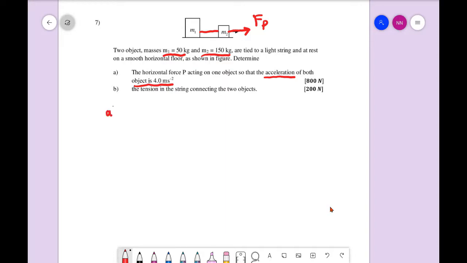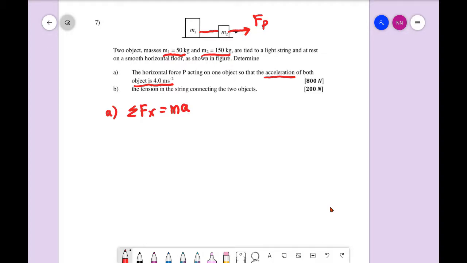So for question A, we can solve this problem by considering M1 and M2 as one system. So net force X equals MA.